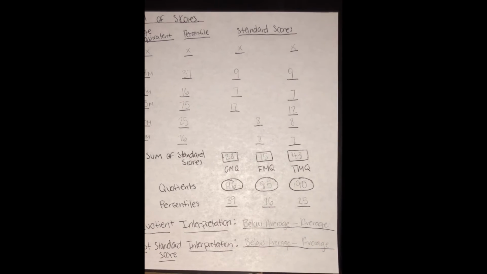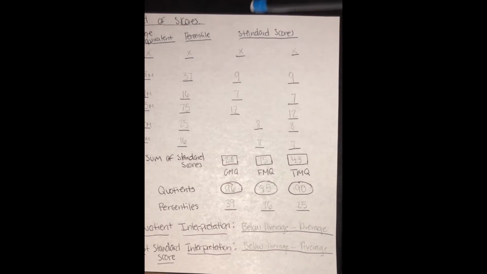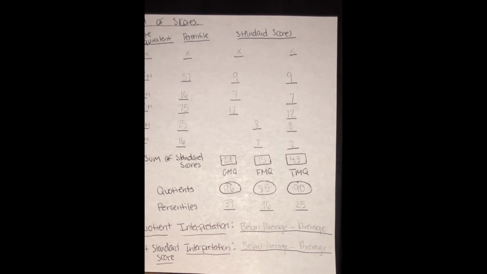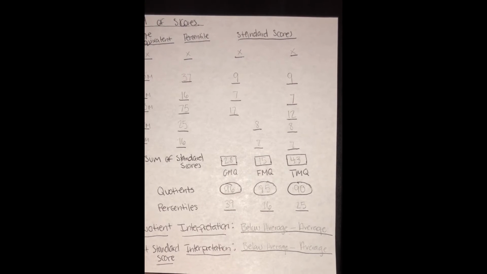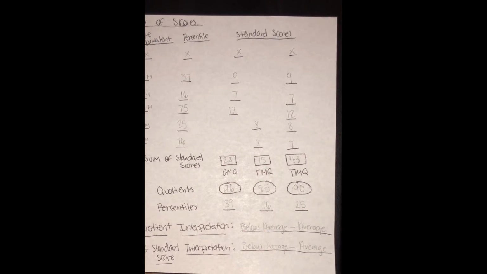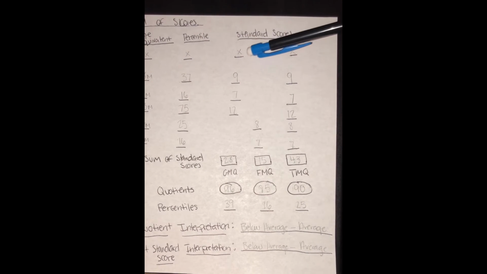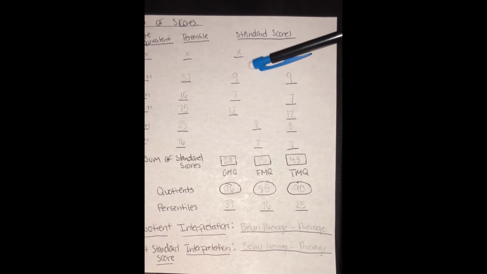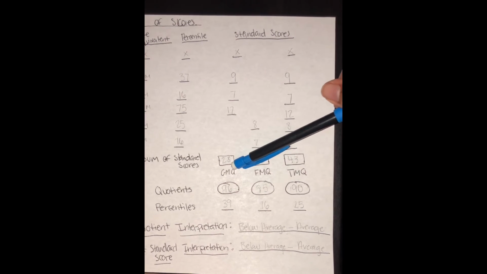So in this column here of standard scores, this is what is called the gross motor standard scores. So that includes reflexes, stationary locomotion, and object manipulation. So you're going to add up all of the standard scores from that section and you put it in the box. So I got a total of 28.